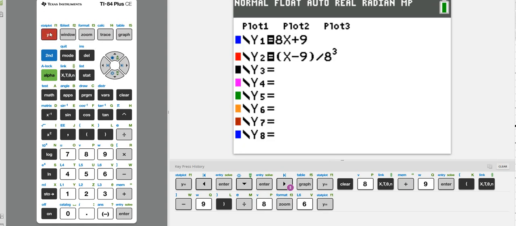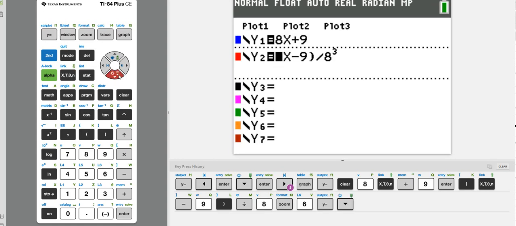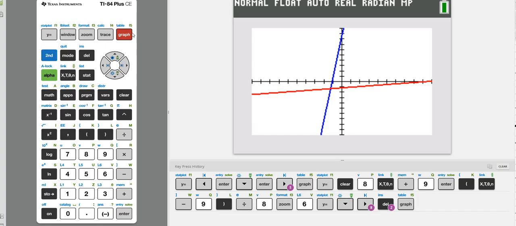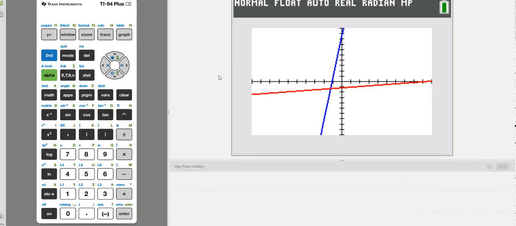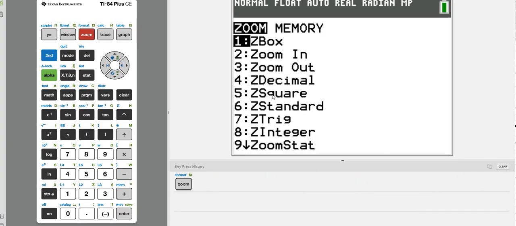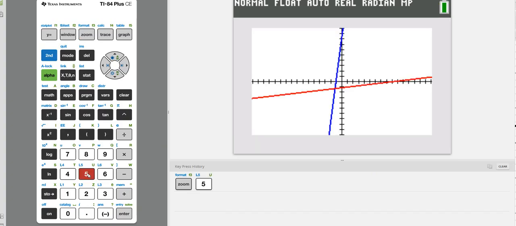Did I make a mistake here someplace? Oh yeah, I put an 8 cubed there. So there's a couple reasons that it didn't look right, one of which was that I had 512 in the denominator. That looks pretty good, but if you want to do the same thing that I did a minute ago, then you can hit zoom square to square things up. And now that's looking a little bit better. You can then add the graph of y equals x if you want to.